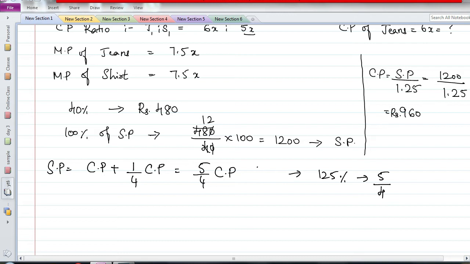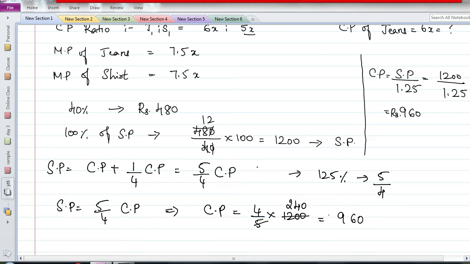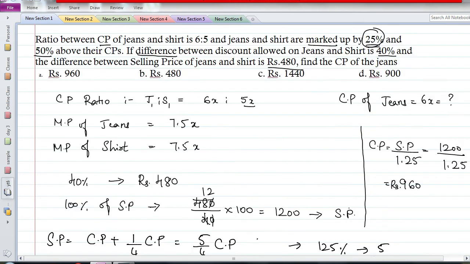If you know this fractional equivalent, then it is further easier to divide. So selling price is 5/4 of cost price. So you can write cost price is equal to 4/5 of selling price. 4/5 of 1200. This also gives you 960 rupees. So the answer is option A, 960.